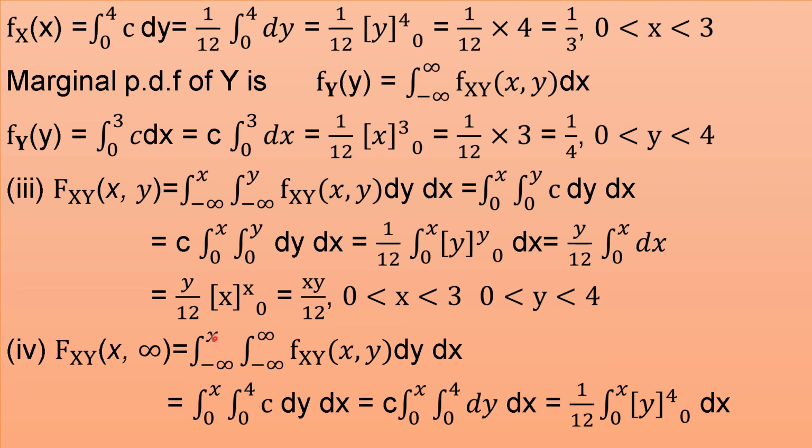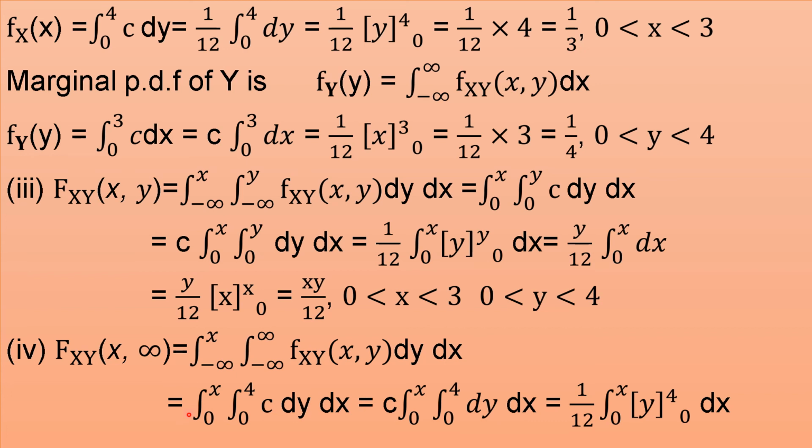Now since x varies from 0 to 3, no negative values come in this. So in the outer integral you start from 0, ignore others, 0 to x. Y varies from 0 to 4. So in the inner integral you take the integral from 0 to 4. Ignore other values. So that fxy of x comma y can be replaced by c dy dx.